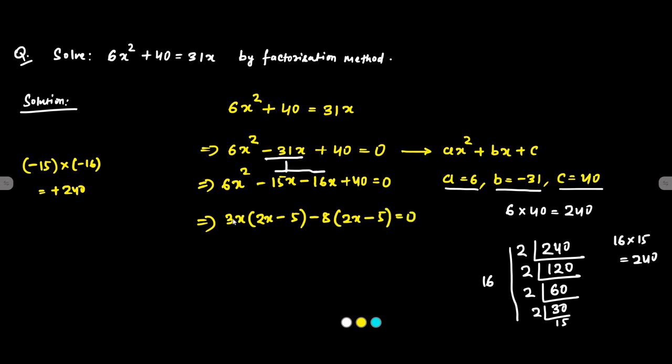Let's check. 3x into 2x is 6x², 3x into −5 is −15x. Okay, −8 into 2x is −16x. Alright, −8 into −5 is equal to plus 40. Yes, so it's okay. So that implies (3x − 8)(2x − 5) = 0.